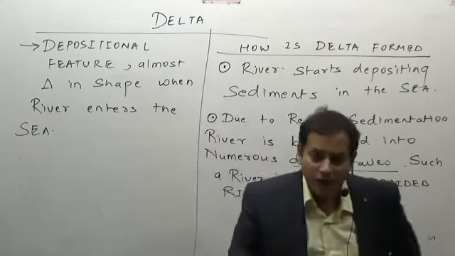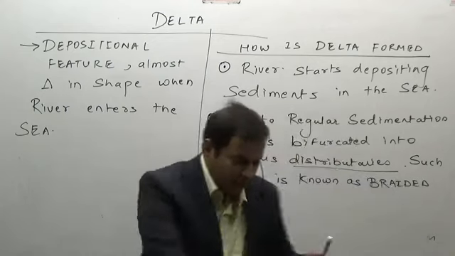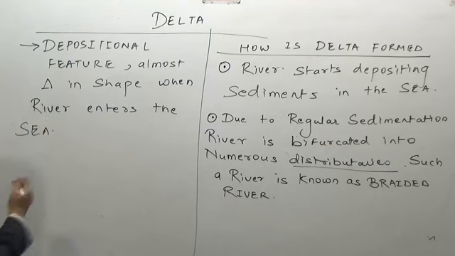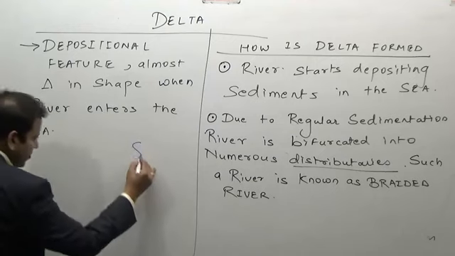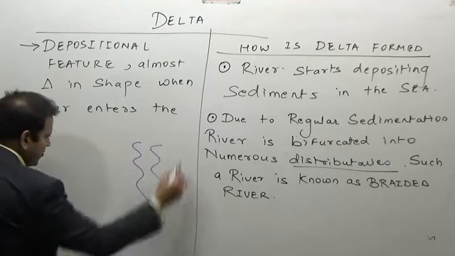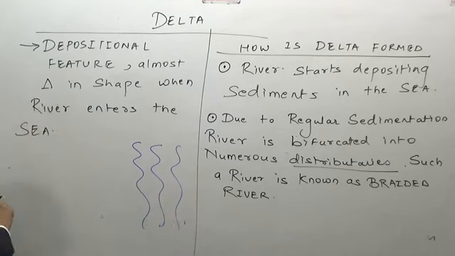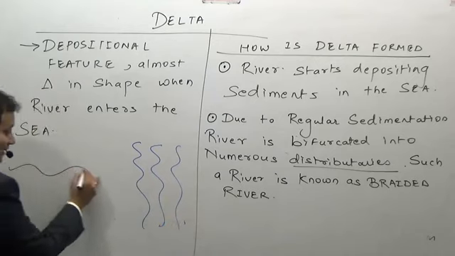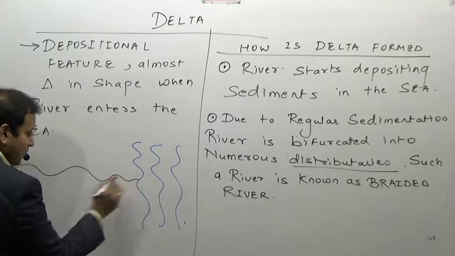How can I show you in the diagram? See, for example, if the river is coming and meeting the sea here, this is the ocean surface, this is the sea. Due to the resistance, the river starts depositing sediments.